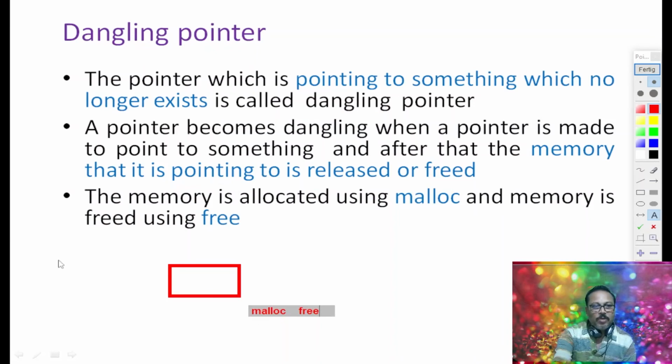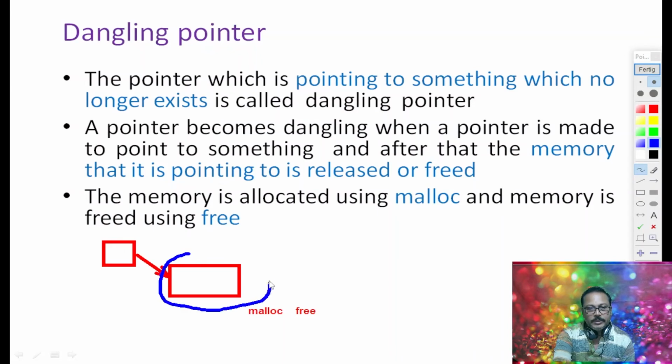Now suppose you have a pointer. It is pointing to something. This memory is allocated, and the pointer is pointing to it. And you call free on this one. That means this memory is released.